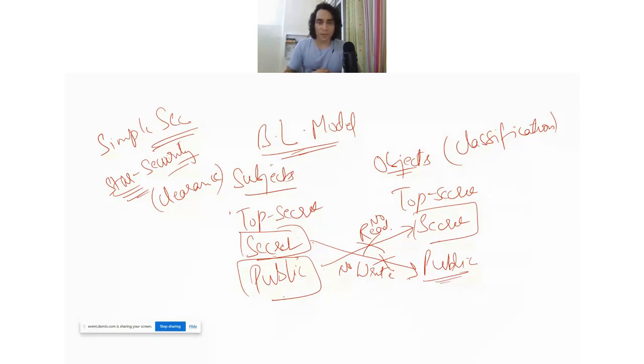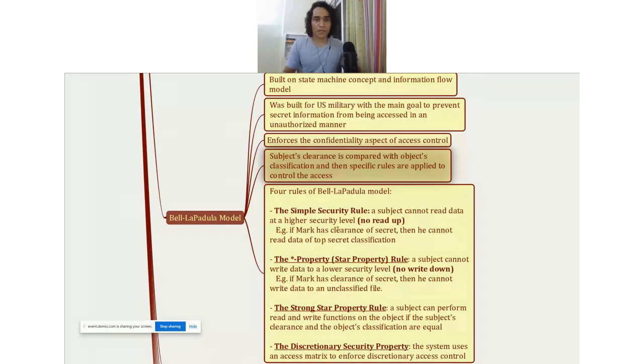I'll come back to the mind map, where you will see all the details. So these are the four rules of Bell-LaPadula that I was explaining. The first one is the simple security rule. A subject cannot read data at a higher security level: no read up. For example, if Mark has a clearance of secret, then he cannot read data of top secret classification.